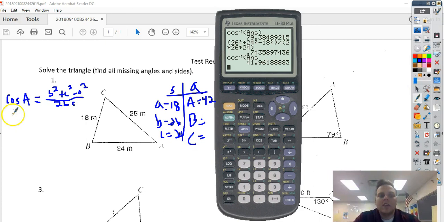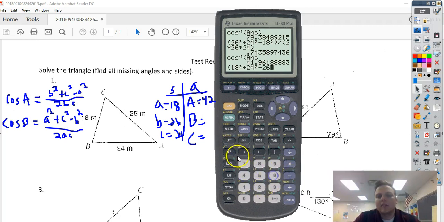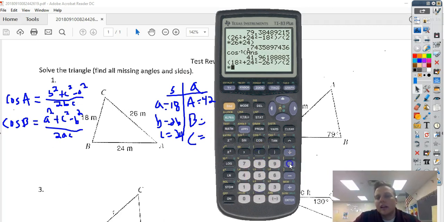Then I'm going to repeat the same process, but for B. You should be able to look in your notes and see the formula for cosine B is equal to a squared plus c squared minus b squared, all divided by 2ac. Once again, I'm going to jump straight in just plugging in. So a squared, which is 18, so 18 squared plus 24 squared minus 26 squared, all divided by 2 times a times c.